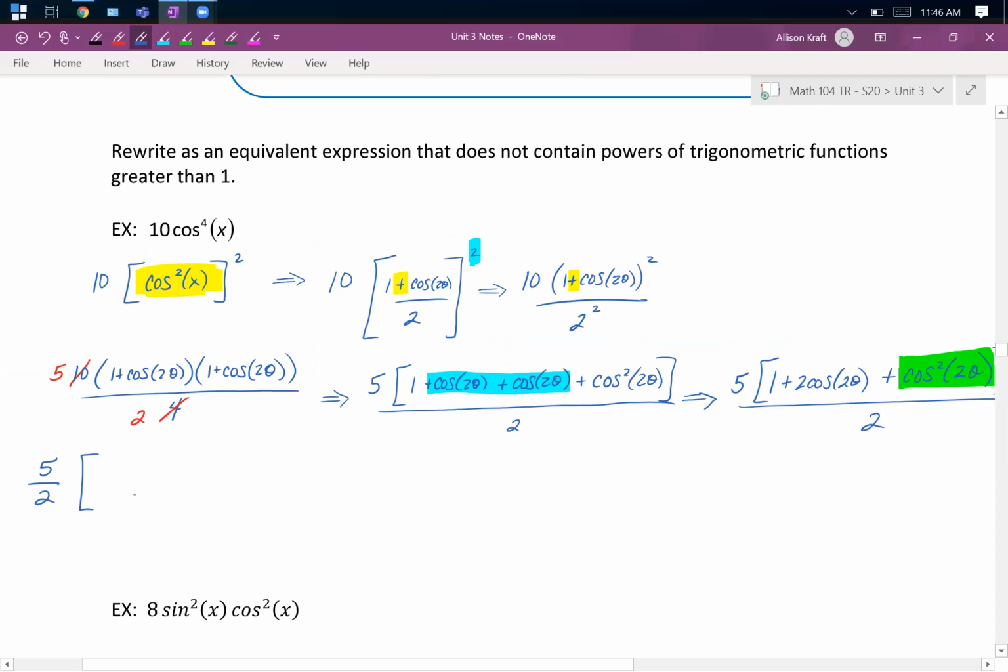This becomes 1 plus 2 cosine of 2 theta plus the fraction 1 plus cosine of 2 theta. Now, careful here. Our theta is the 2 theta. So the formula says multiply your argument by 2 when you do the power reducing formula, so our argument is going to become 4 theta. And then over 2.